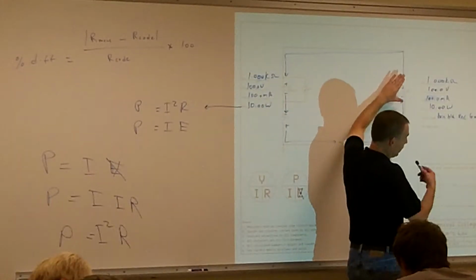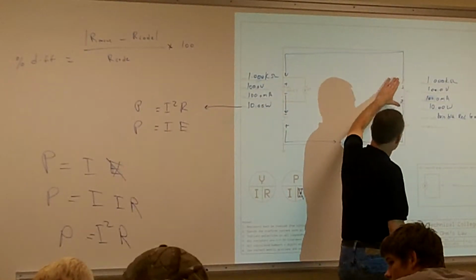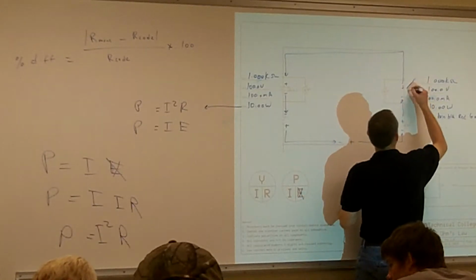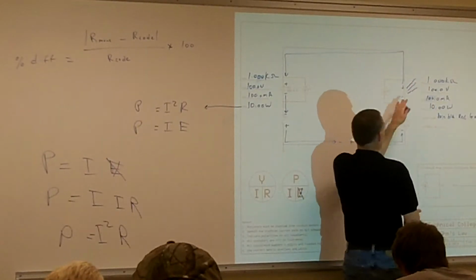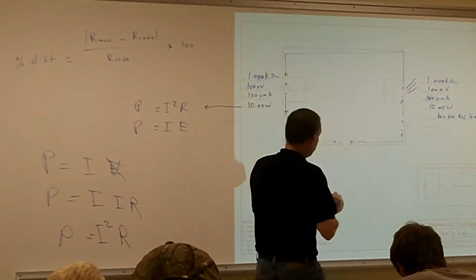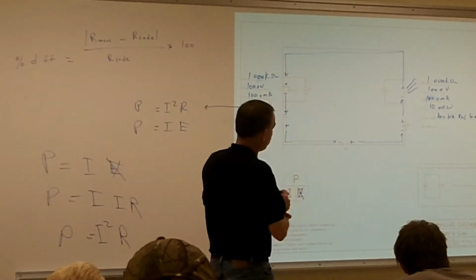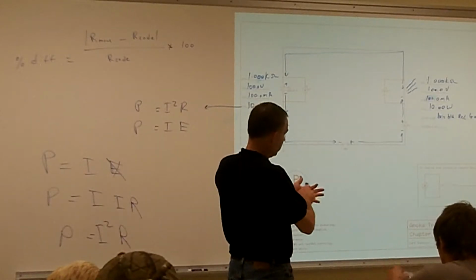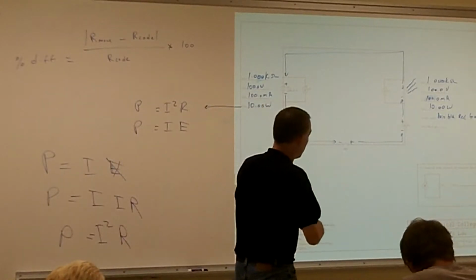For example, let's say this was a resistor. This resistor is going to generate a certain amount of heat. Okay, that's our power. We can have a light bulb in there. The light bulb would have resistance. It's going to light up, and a light bulb is going to give us both light and heat energy, and that's going to have a certain amount of power.